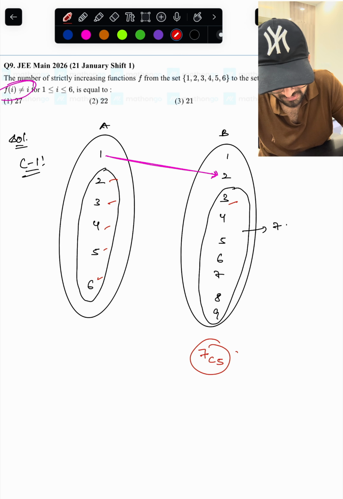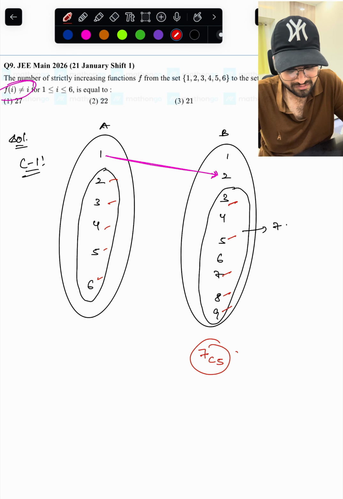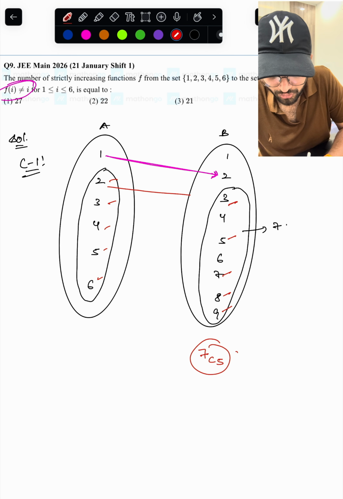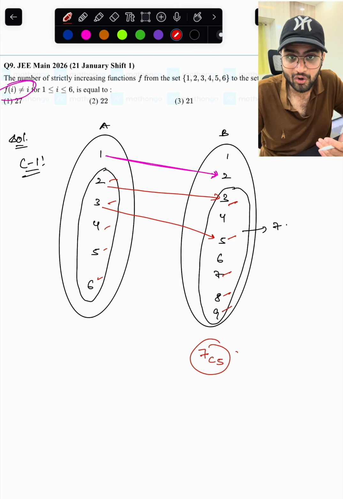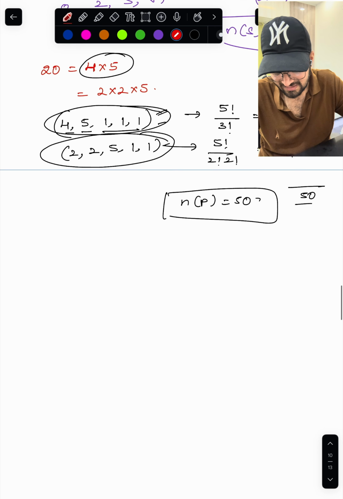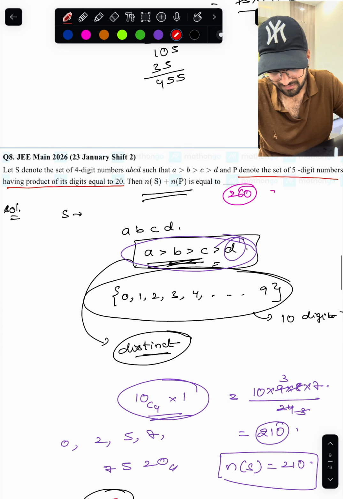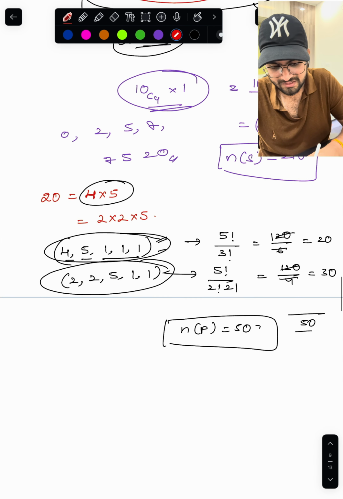How? Because if I select, let us say, 3, 5, 7, 8, 9, I have selected these 5 numbers. Now I should definitely map 2 with 3, and 3 with 5, because it should be in increasing order, right? So it is the same question as this one, this part.